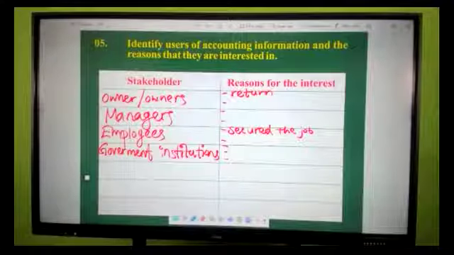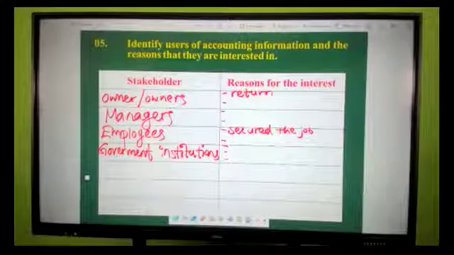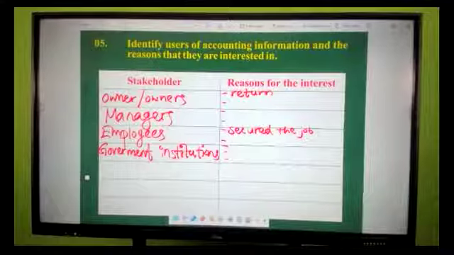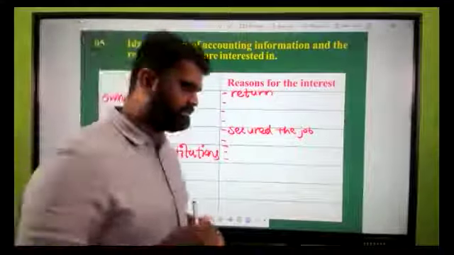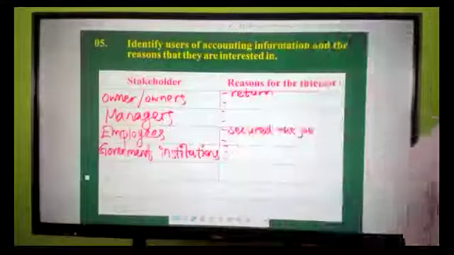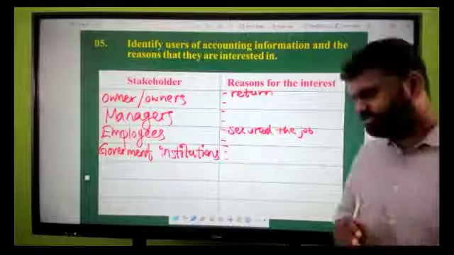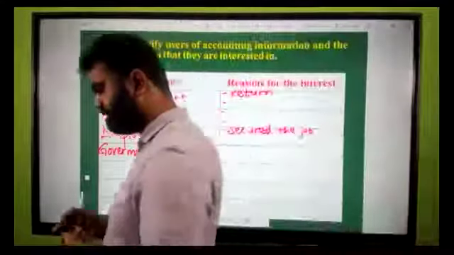Number 2, are quality products provided at fair prices?